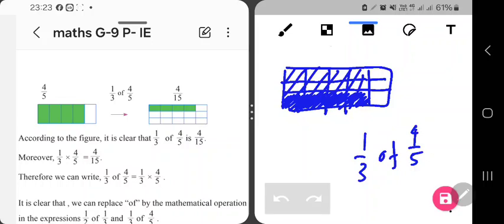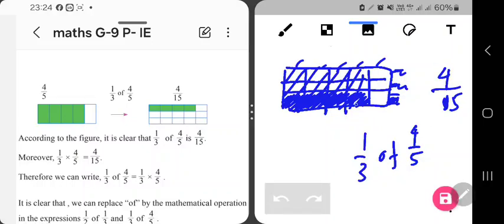So if you consider the entire squares, and you see in each row you find 1, 2, 3, 4, 5 squares. Likewise, you have 3 rows, 1, 2, 3, this row, and this row. So which makes it 15 squares, and out of 15, 4 is colored.